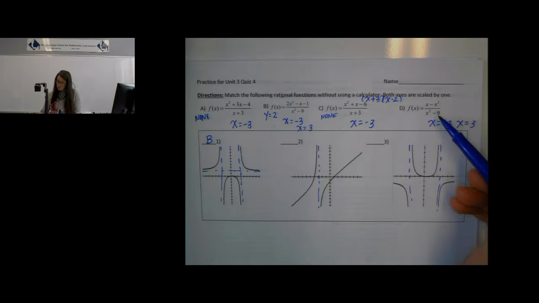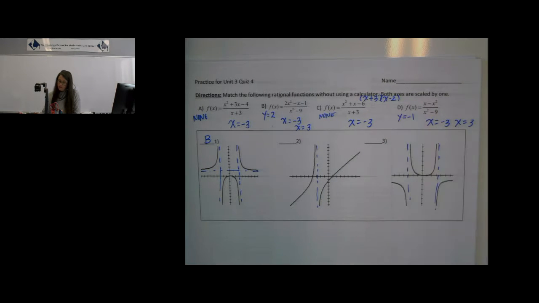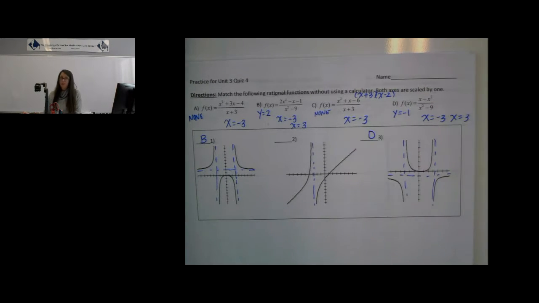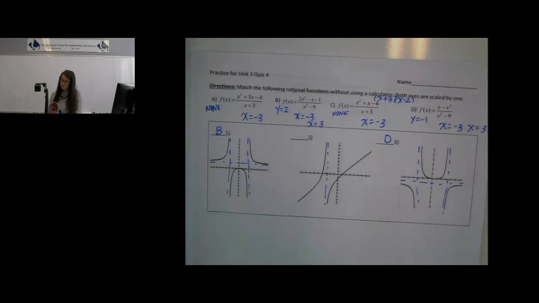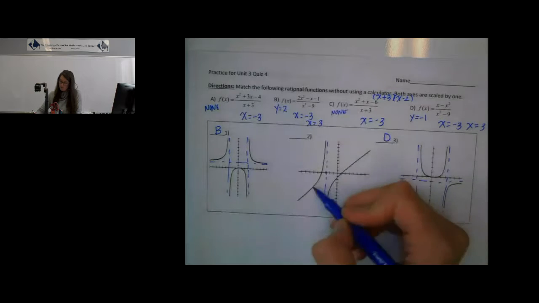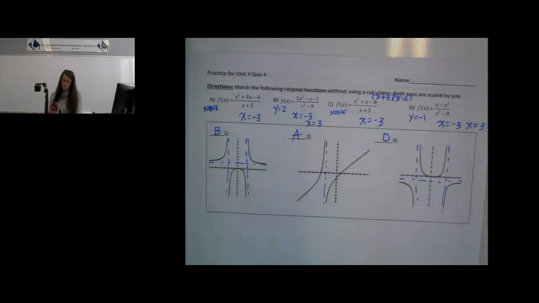And then what about this one? So we've got a -1, so it's going to be D, right? All right. This one's going to have a slant, because you can do long division and find your slant here. So this one would be an A.